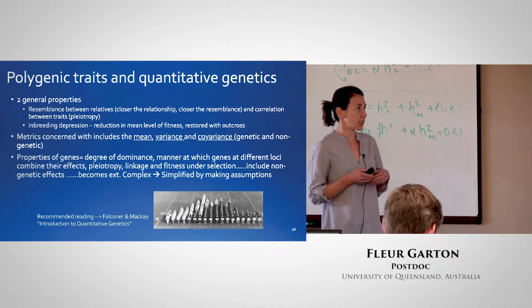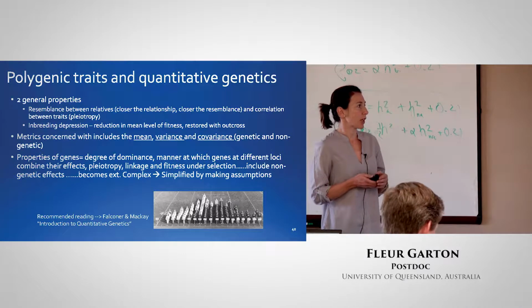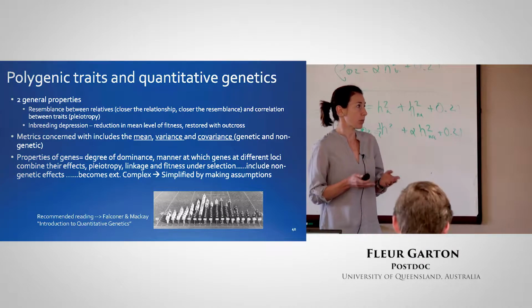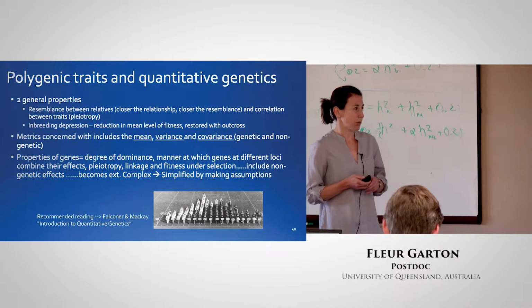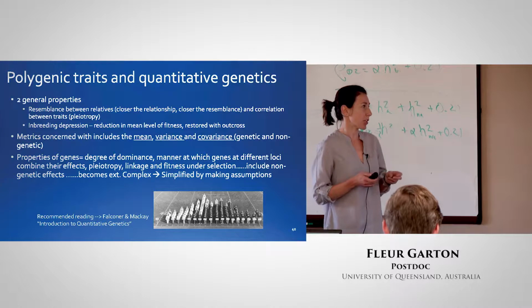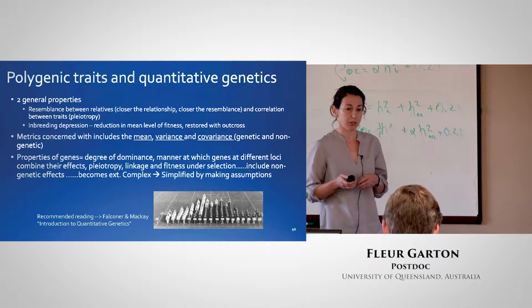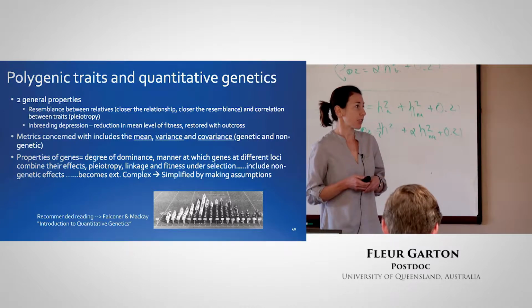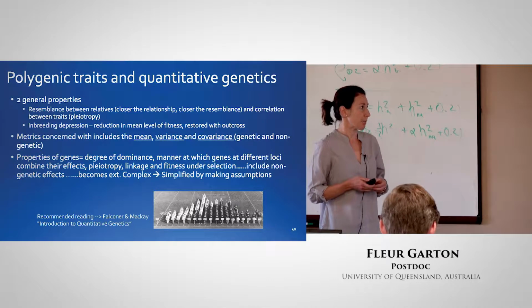And I guess that is in general true. So you get correlation between traits, pleiotropy. This next point relates more to animal breeding and selection: you'll get inbreeding depression, a reduction in mean level of fitness, which is restored when you outcross, so with an increase in genetic diversity.